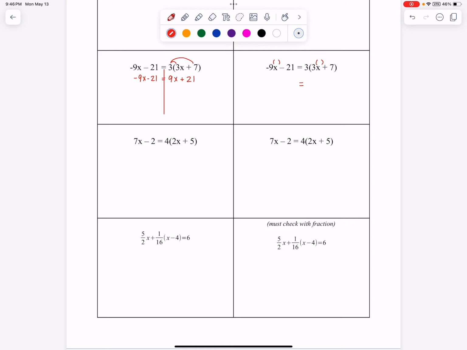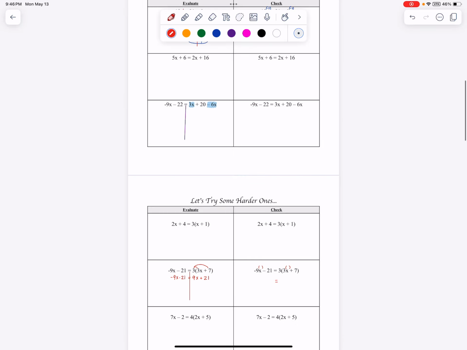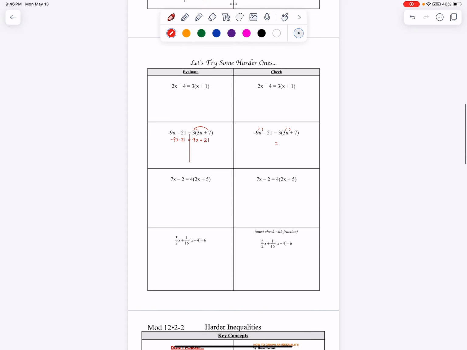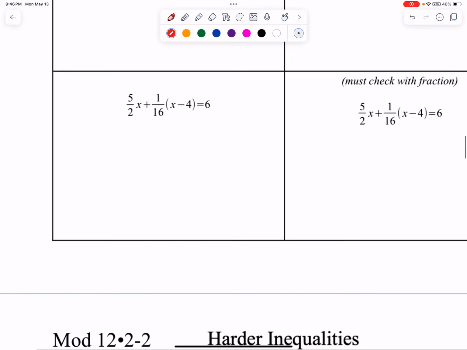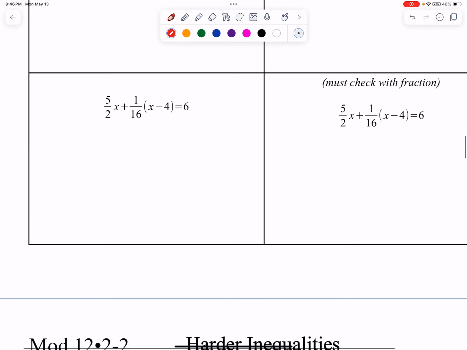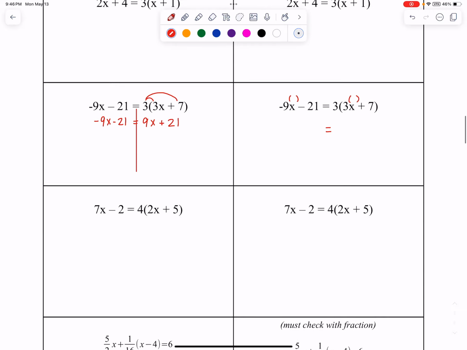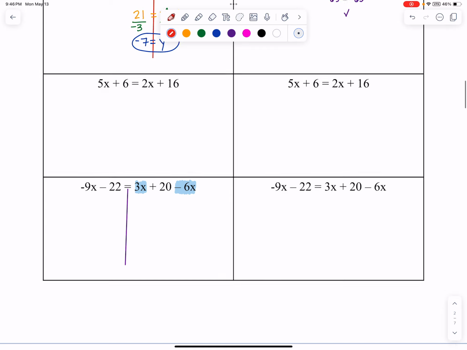Some of these you are going to run into some annoying fraction things. Just trust the fraction and work through it. Use your Desmos calculator. It is okay for you to get a fraction as an answer.